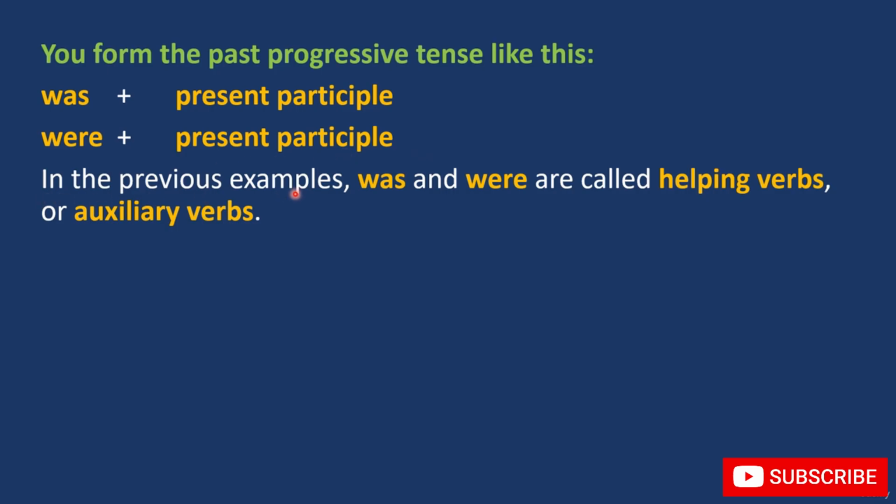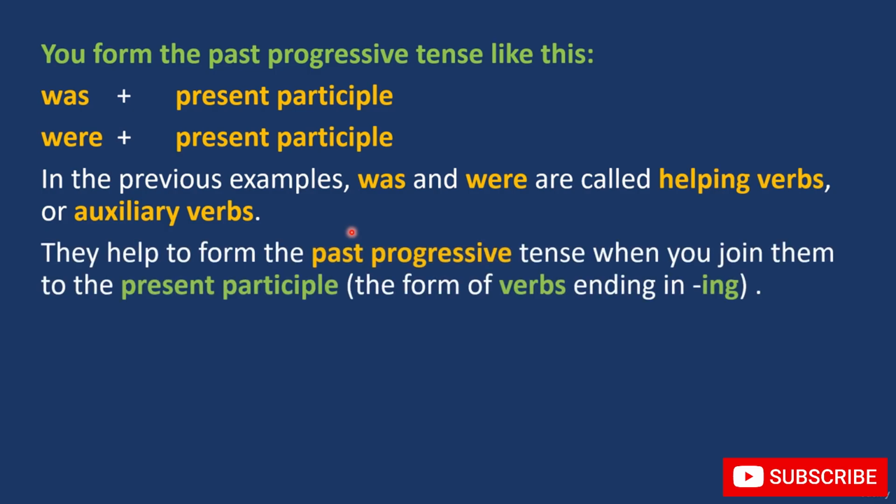In the previous examples, was and were are called helping verbs or auxiliary verbs. Again, was and were, this is the past of the verb to be, and we also call them helping or auxiliary verbs. They help to form the past progressive when you join them to the present participle.